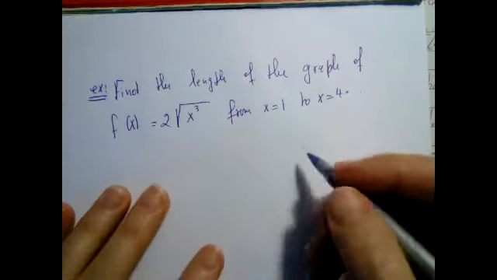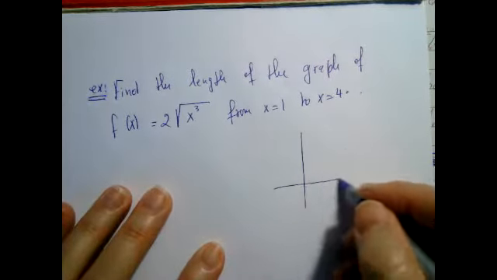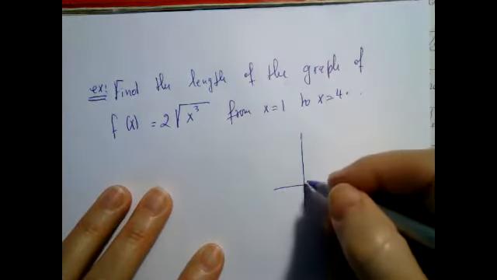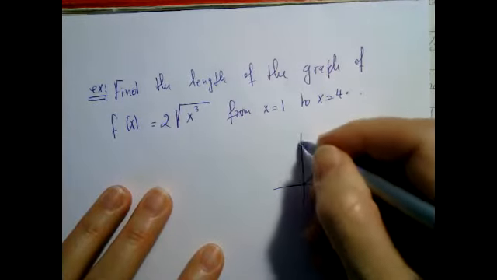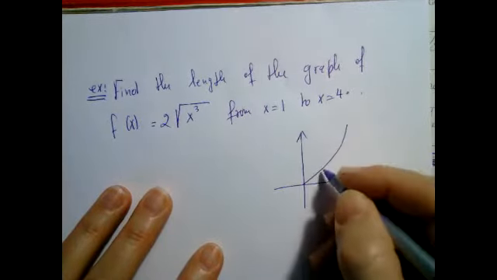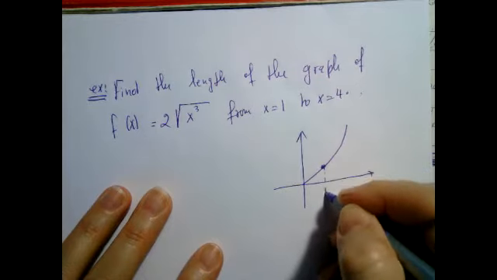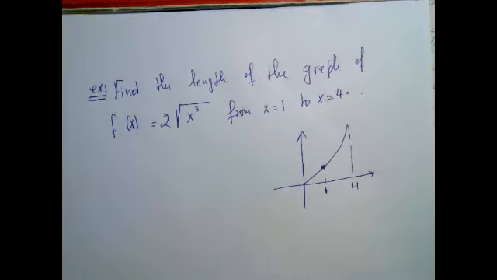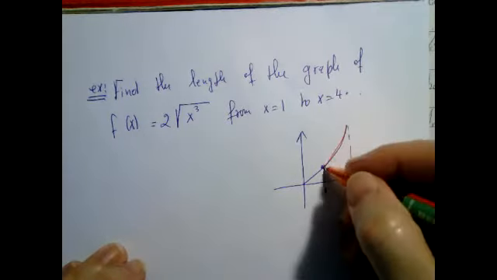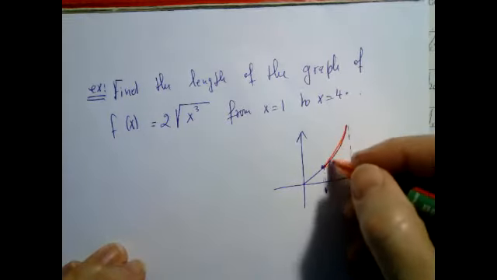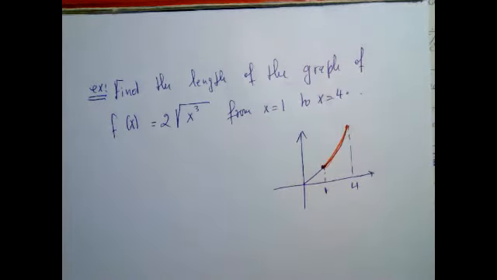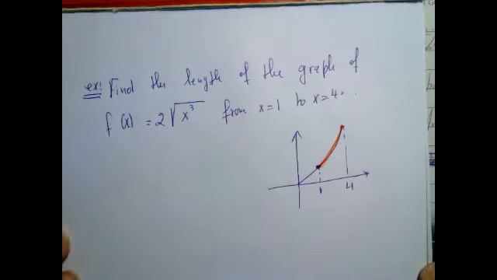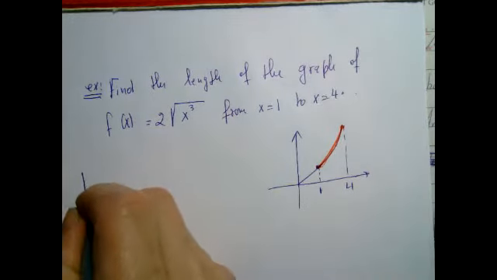So basically, this curve would look something like that. That's how the curve looks. This is 1 here, and this is 4. And you want to find the length from here to here. So even the picture is not really very much needed in these problems because it boils down to applying the formula. So what is the length?